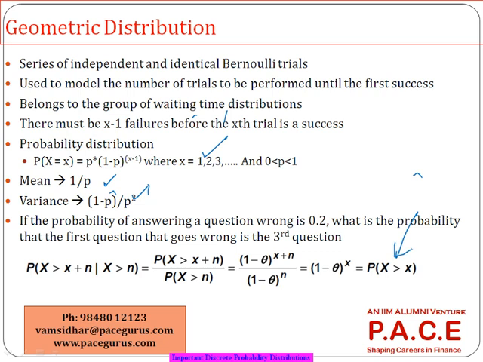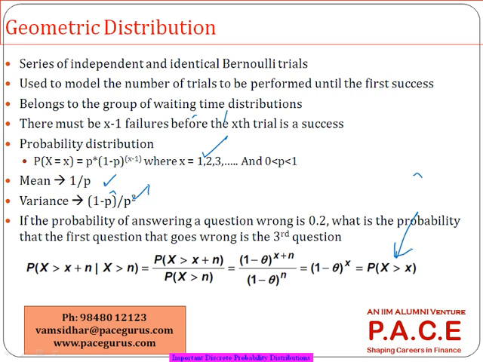Sometimes the question he asks is, what is the chance of getting a success in the 10th attempt, given that he was not successful in the first 6 attempts?